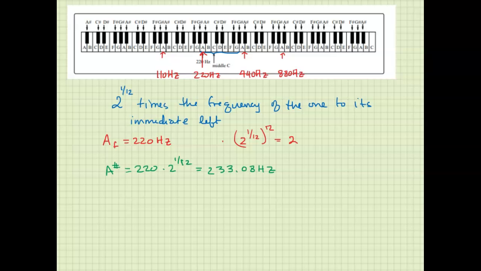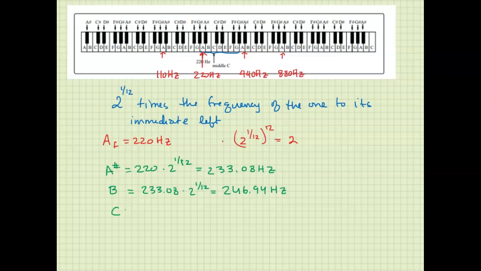All right, let's say B. This is going to be the previous one, 233.08 times 2 to the 1 over 12, which is 246.94 hertz.